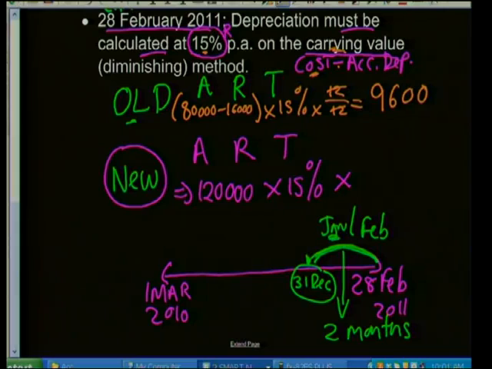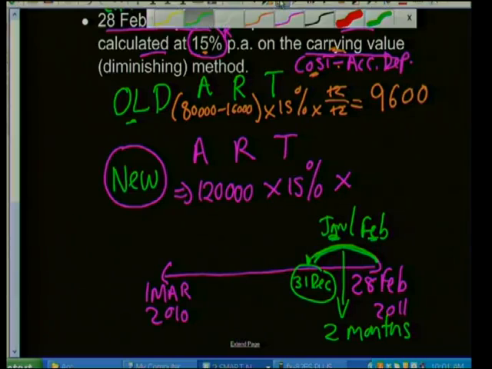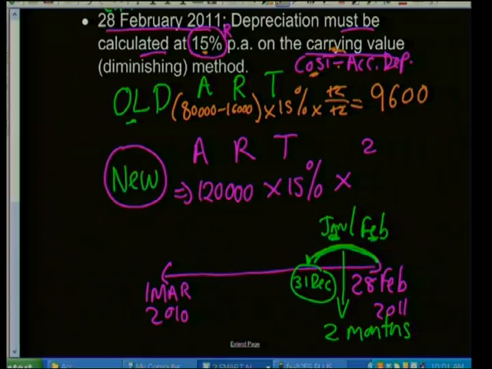In other words, they calculate depreciation for 3 months instead of 2 months. So guys, just be aware that you do not make that mistake. It's only for the months of January and February, in other words, 2 months. So I'm going to calculate depreciation for 2 months for this financial year. Now let's look at the actual depreciation that we're going to write off on this new vehicle that we've purchased.